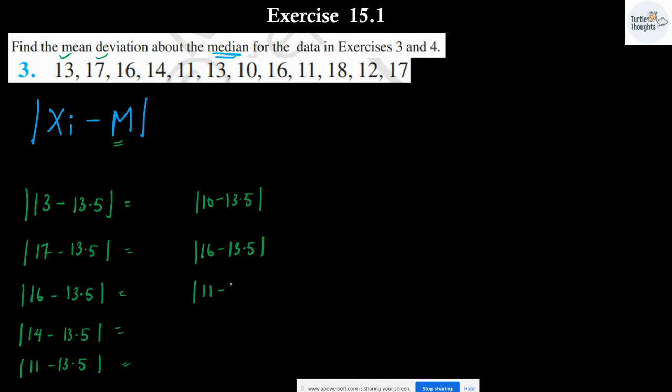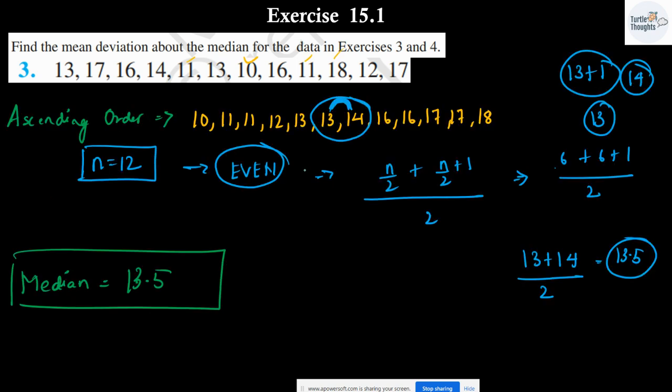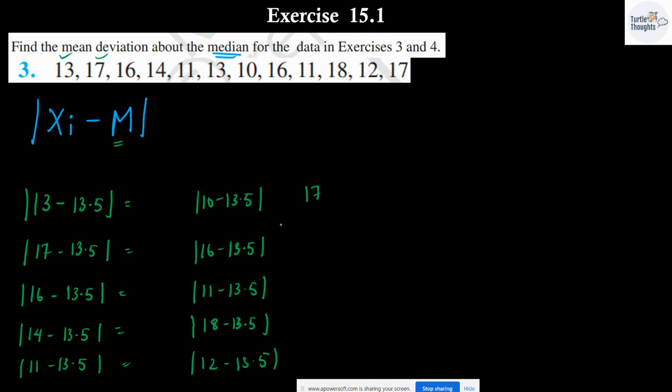Here 11 minus 13.5. Here 18 minus 13.5. Here 12 minus 13.5. Anything I have missed? How many numbers are there? 12 numbers are there, right? 17 I have missed. Two 16s are there, right? Yes. 17 minus 13.5.